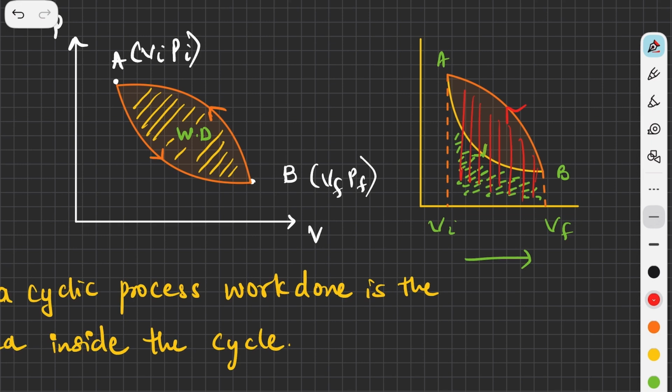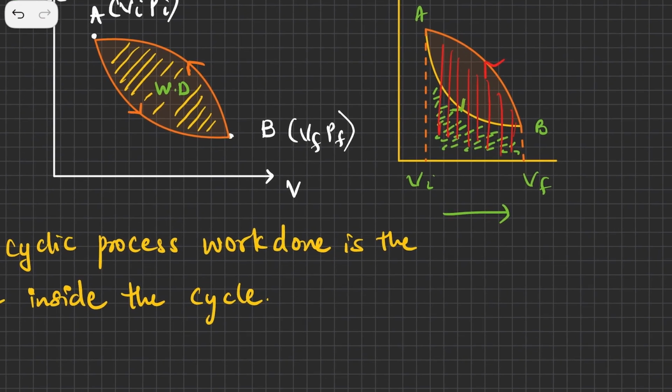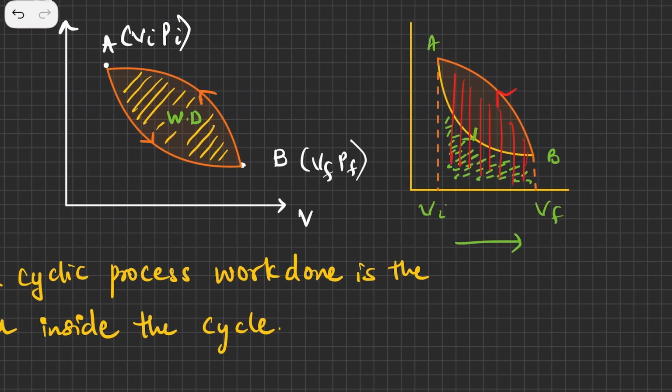For going from initial to final, the area was only this much, but while going from final state to its initial state, the area is so much. So if we subtract the area between these two, initial and final, you will find that the work done is basically the area inside the graph.